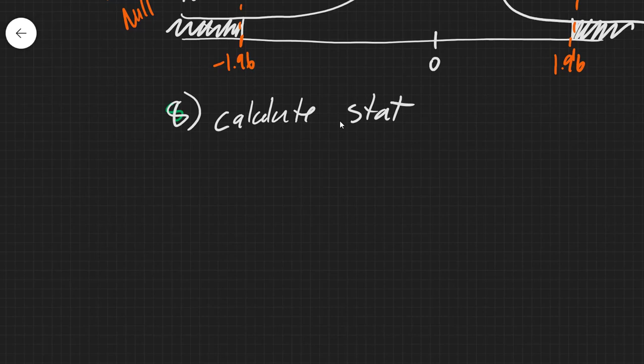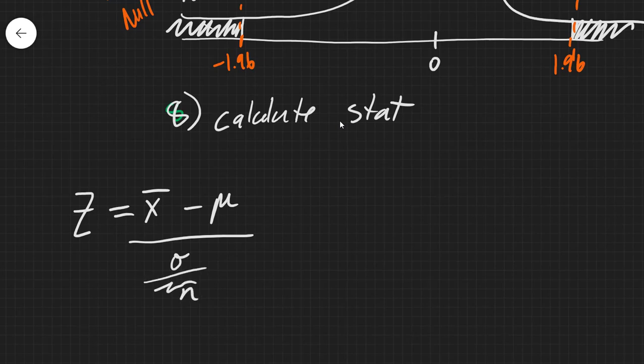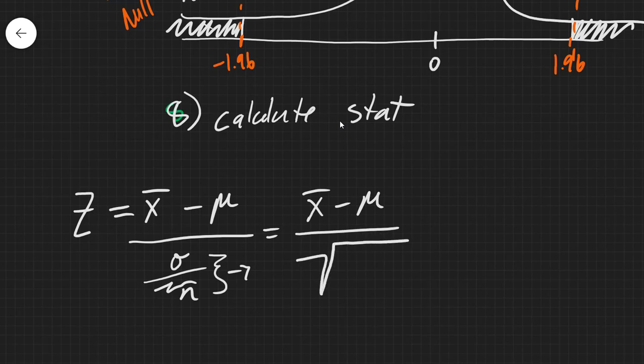All right. So the interesting thing about this is where we do have something that's a little bit different. Usually when we do a z-stat, we do x bar minus mu over sigma divided by the square root of n. But before we do that, I want you to think about converting this to x bar minus mu over the square root of sigma squared over n, right?